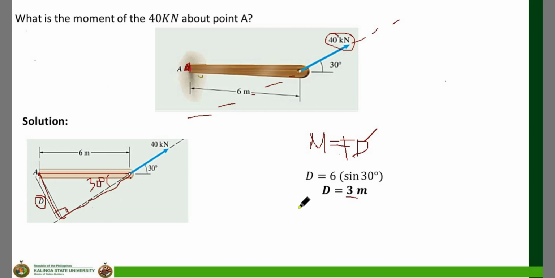So from that, I can use the trigonometric function sine.